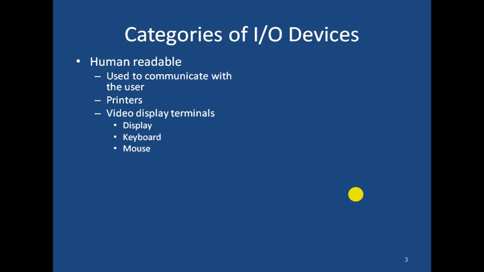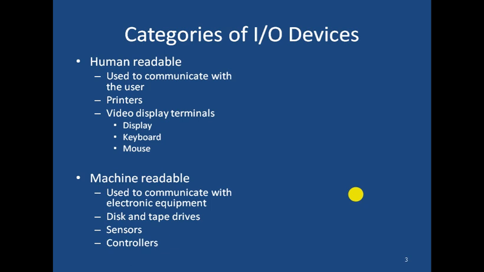We are getting the data or content from the monitor and the printers. So the data available for this communication can be in human readable format. The devices which have data in human readable format are called human readable I/O devices.